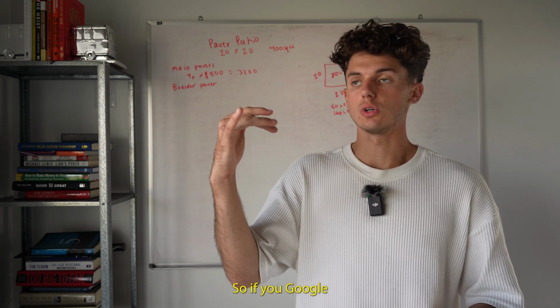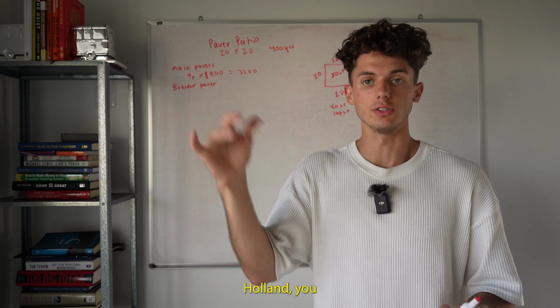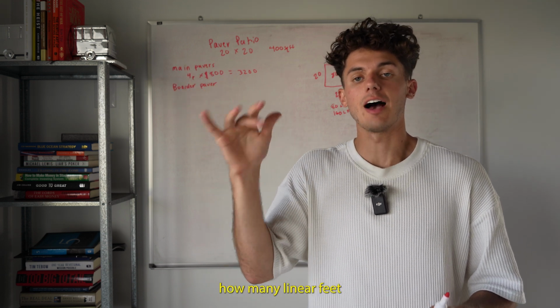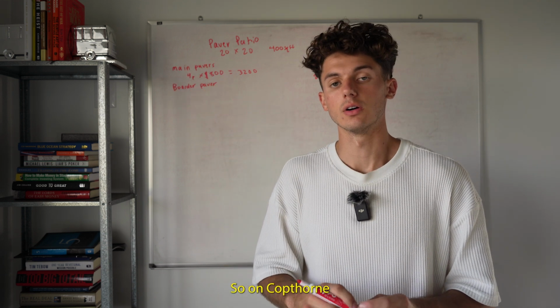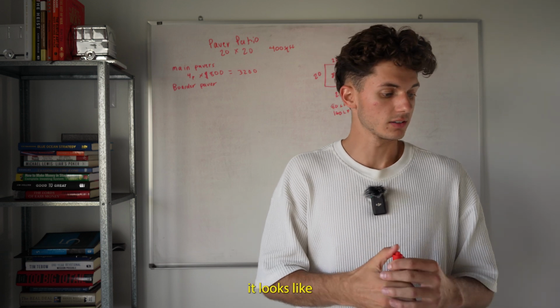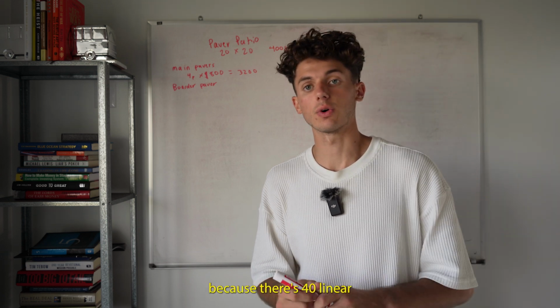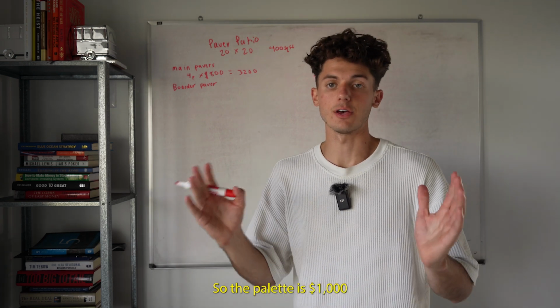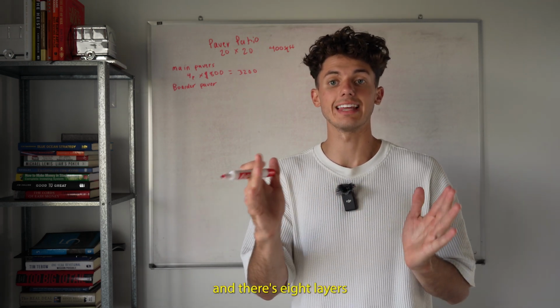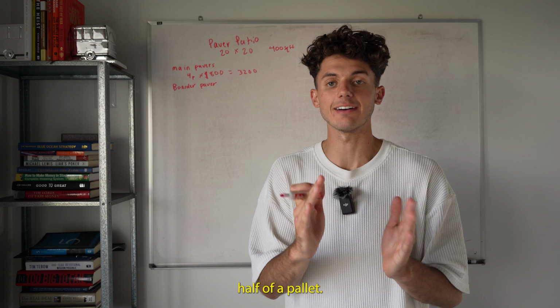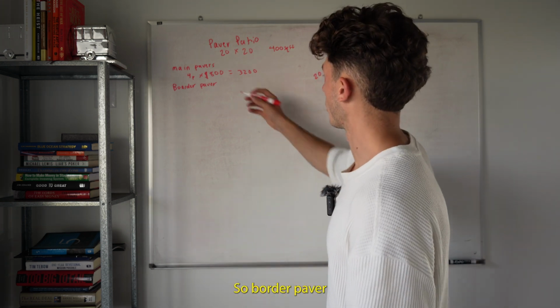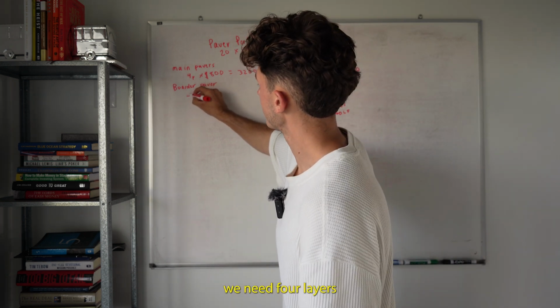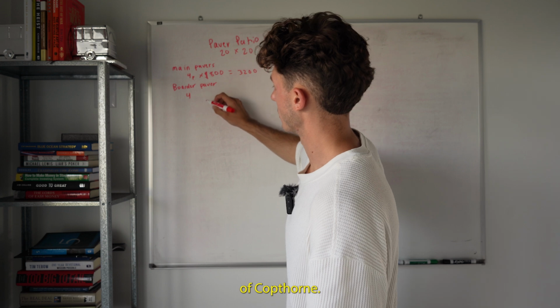So if you're using a Belgard or Holland, you just go on there and you see how many linear feet there are per layer. So on Copthorne, it looks like we're going to need 4 layers because there's 40 linear feet per layer. So the pallet is $1,000 and there's 8 layers per pallet. So we're going to need half of a pallet. So border paver, we need 4 layers of Copthorne.